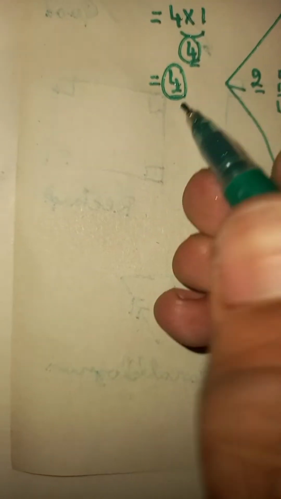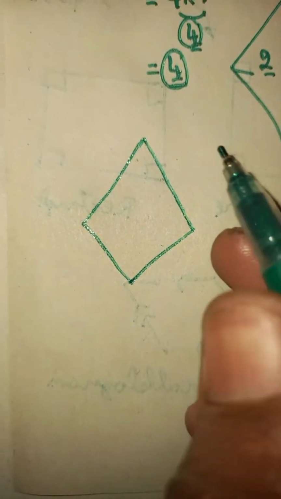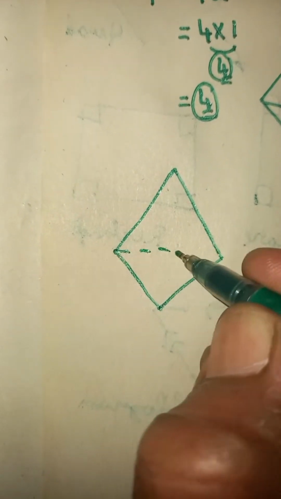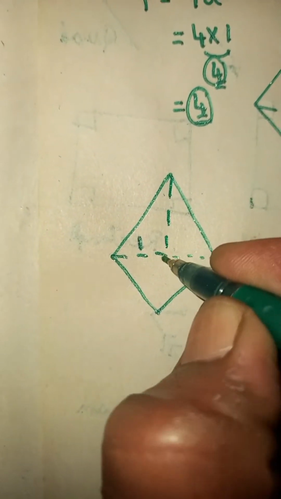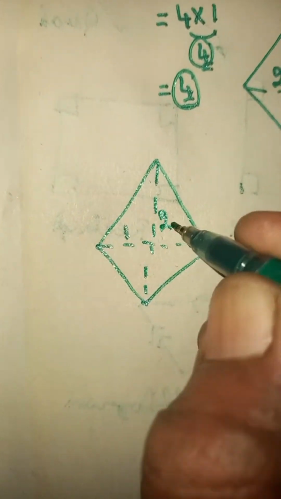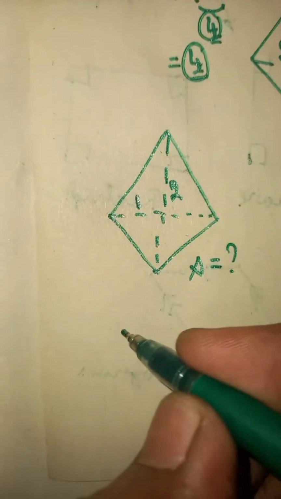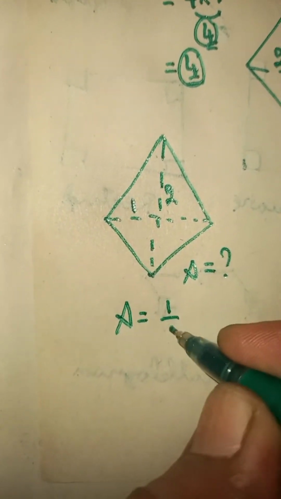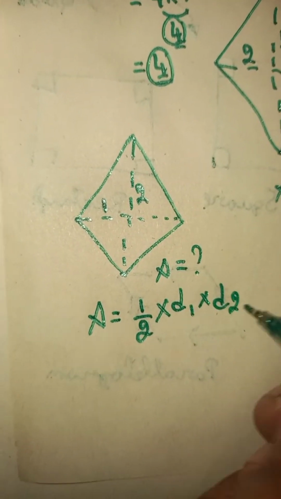Let's find out another one. Here they have given one more kite, and in this kite they have given the diagonals. This diagonal is 1 unit and another diagonal is 2 units. In a kite also you need to find out the area. The area of a kite formula also remains the same: half times diagonal 1 times diagonal 2.